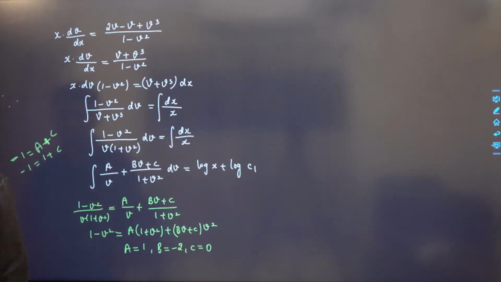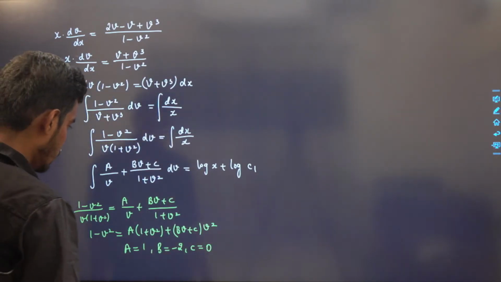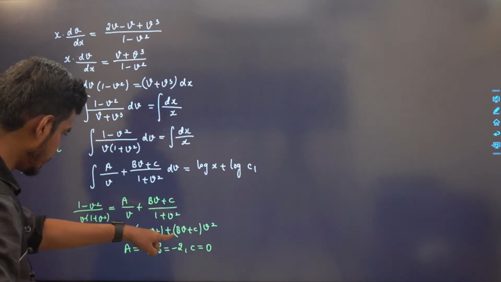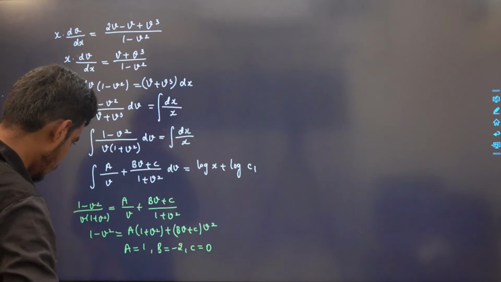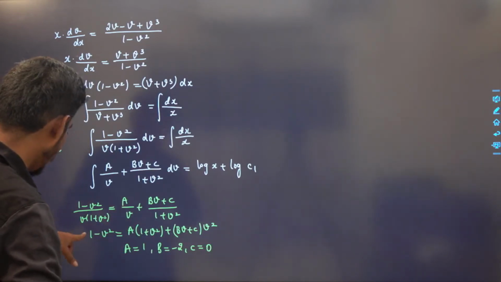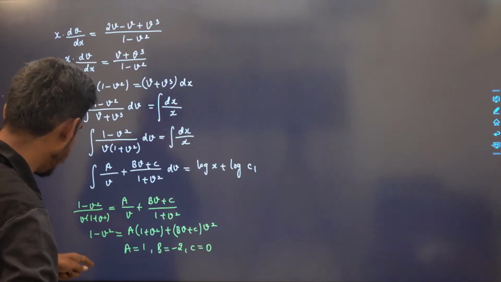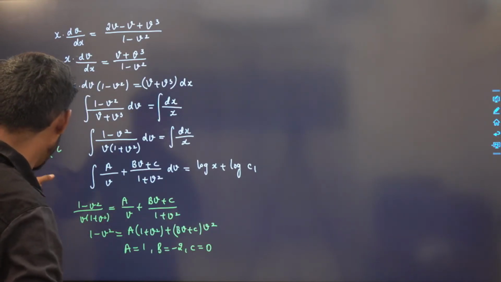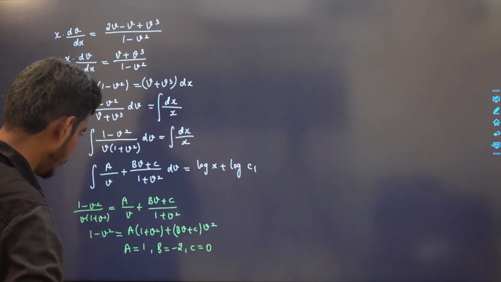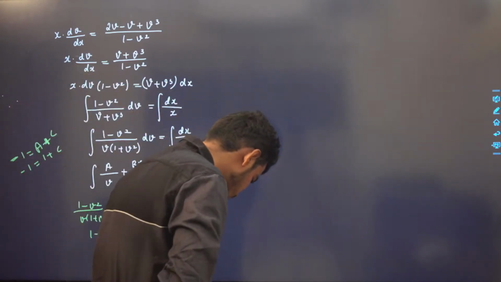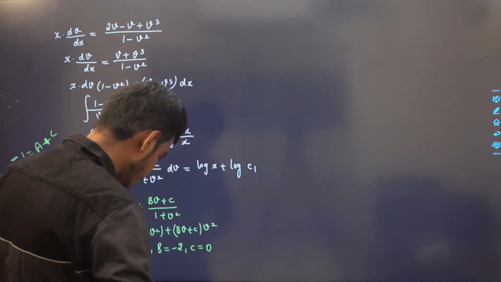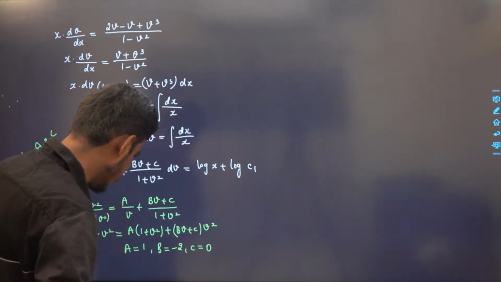Okay, I think I made some mistake. Bv plus C into 1 plus v square, right? A by v plus Bv plus C.